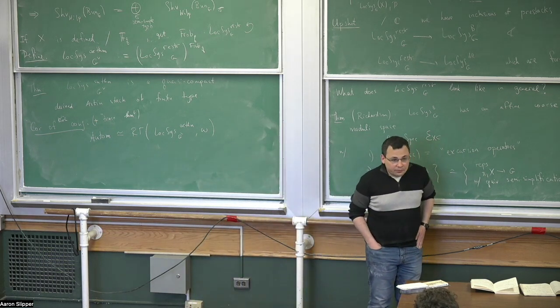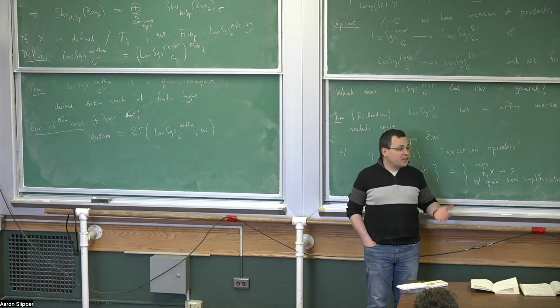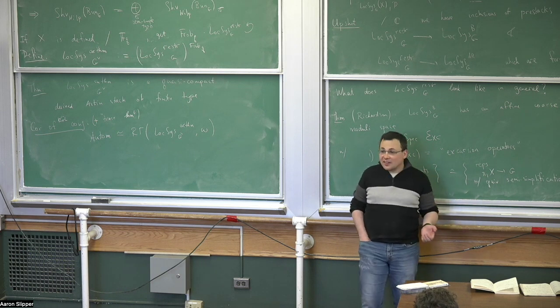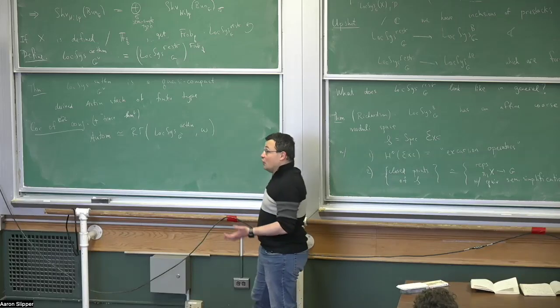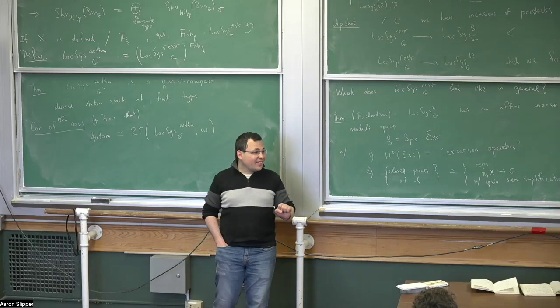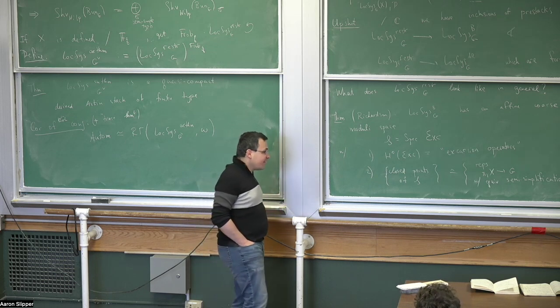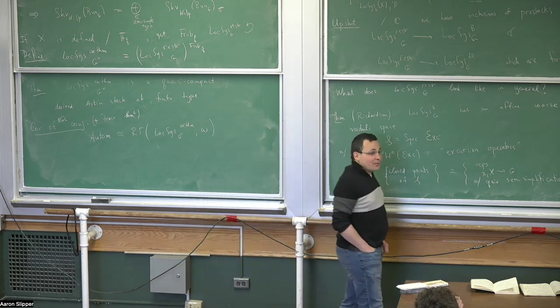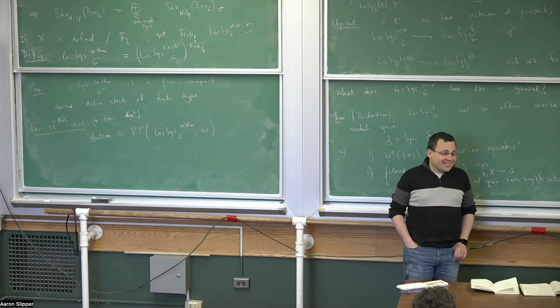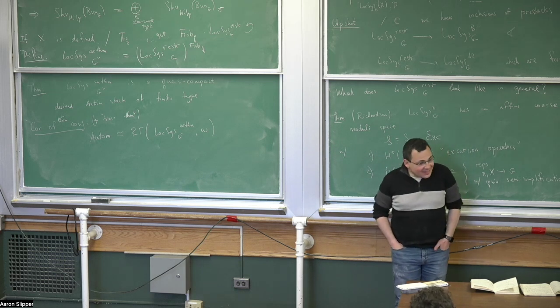But for number fields, you're asking about the global version, and it's the same problem. F1 doesn't exist, all of these things.